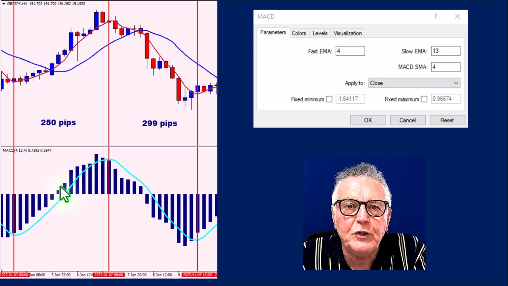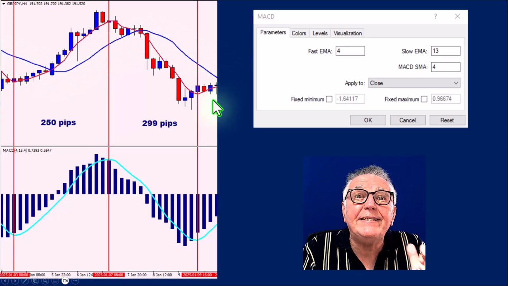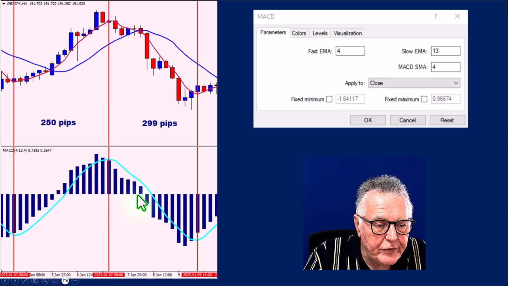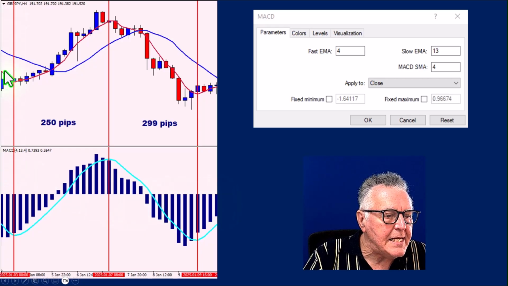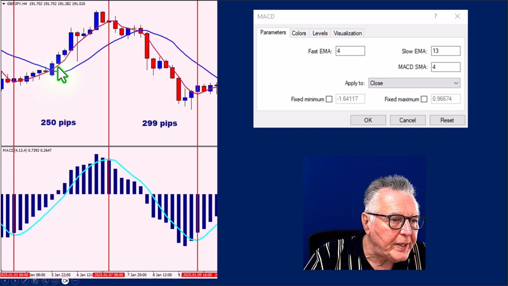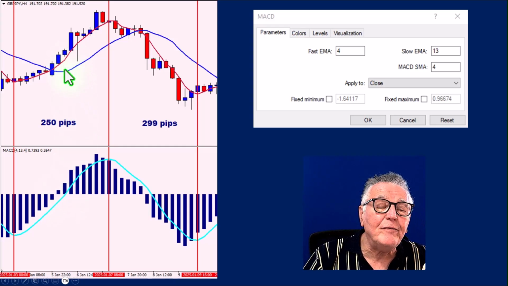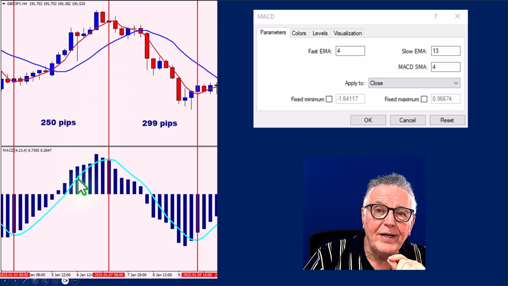And how does it do that? Firstly, it takes the slow moving average, that blue line that you see there, and it makes it flat. It flattens it. So the blue line actually becomes this middle line that you see on the MACD. Then the distance between the red and the blue line becomes the bar that's down here. Because it's actually very difficult to see this with the eye on the chart, so it creates bars for you.